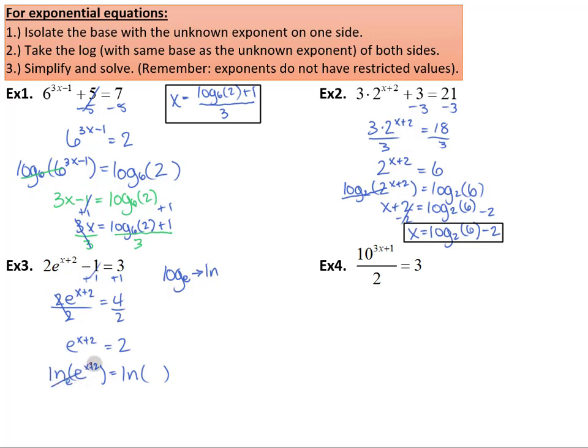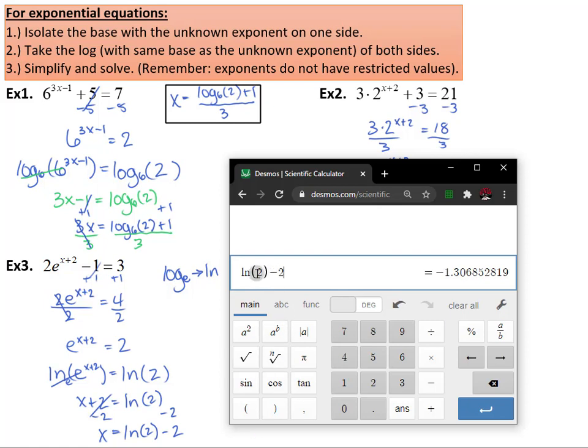But the natural log of e and e will cancel out. Go ahead and put our 2 in over here. So we get x plus 2 equals the natural log of 2. And subtracting 2 to finish getting x by itself, we get x equals the natural log of 2 minus 2. And here is our decimal approximation, which is about negative 1.307.